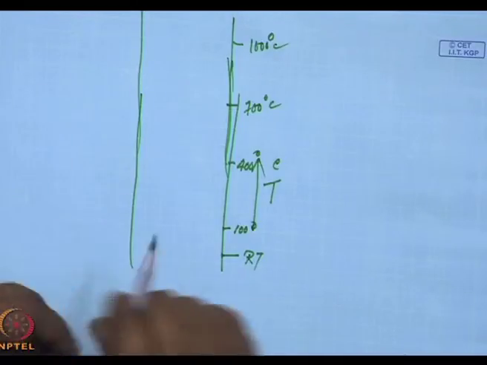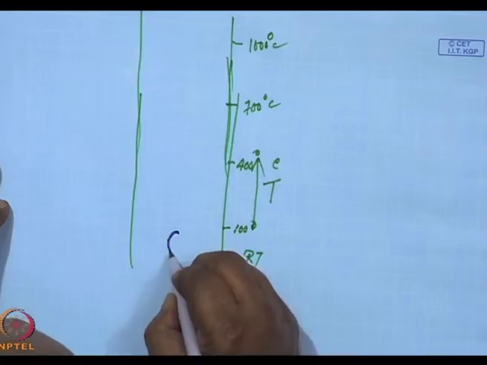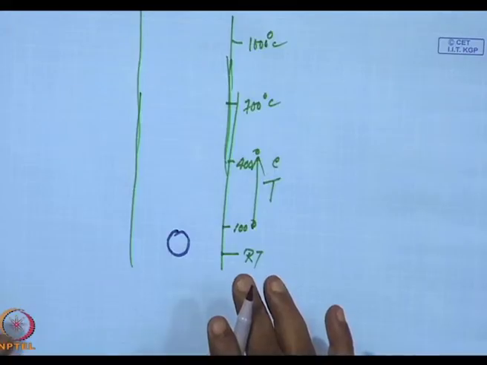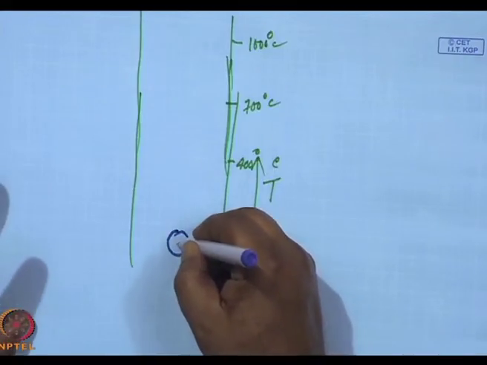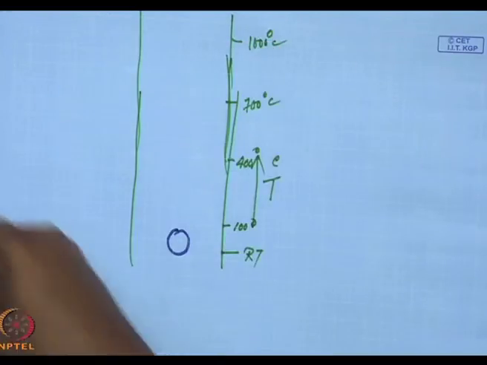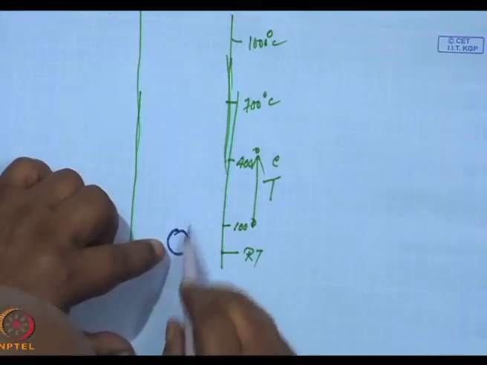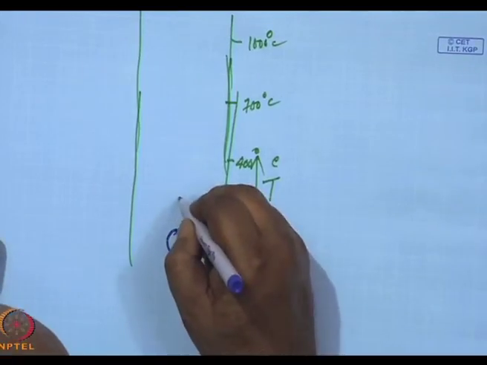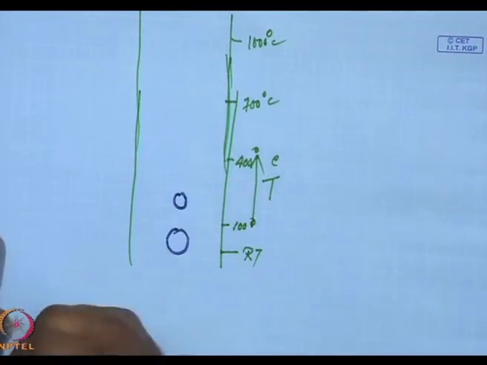Now I have a single droplet of the zinc acetate solution. What will happen as it moves through? As it moves through this zone, it will lose water because it's a solution. It's a droplet which has got zinc acetate. So as it moves through here, it becomes smaller.